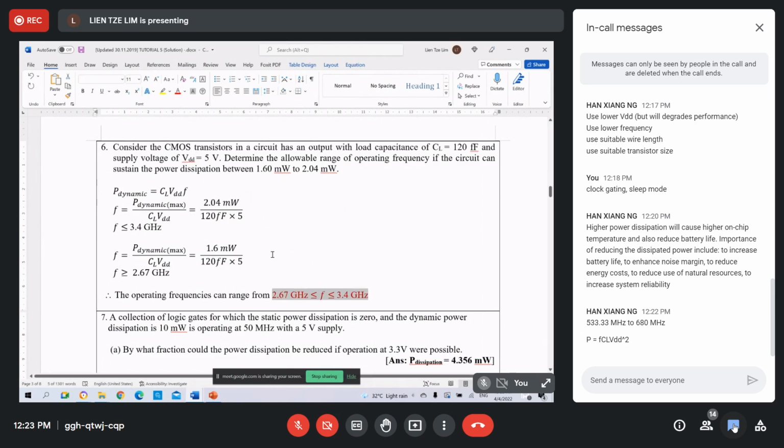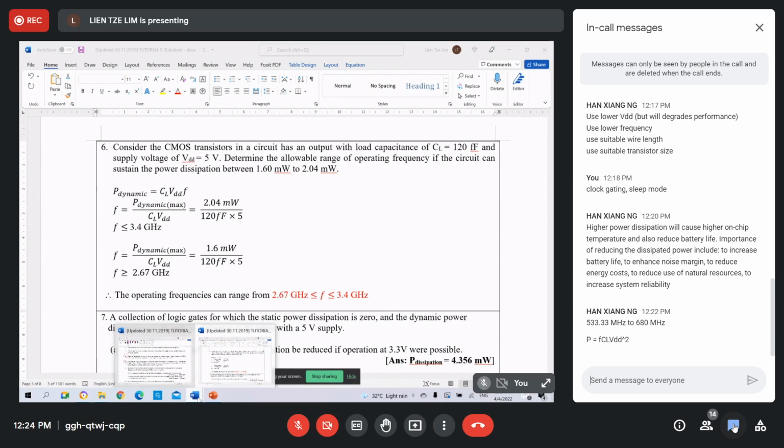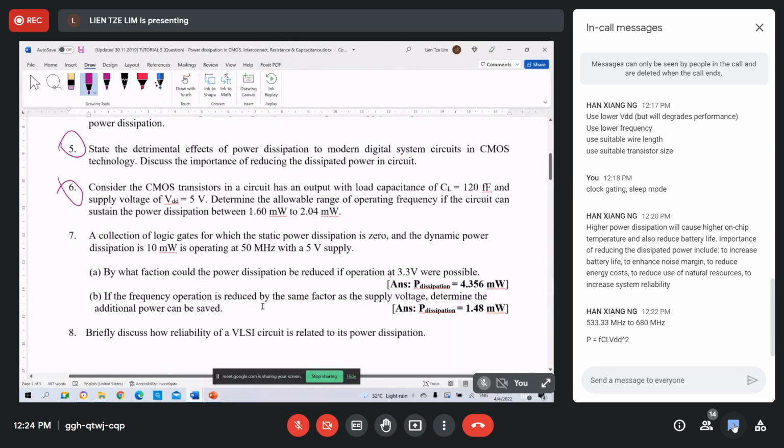So all of you, when you try, please make sure you use the correct formula. Then you should be able to get the answer. So question 6, no problem, an easy question.